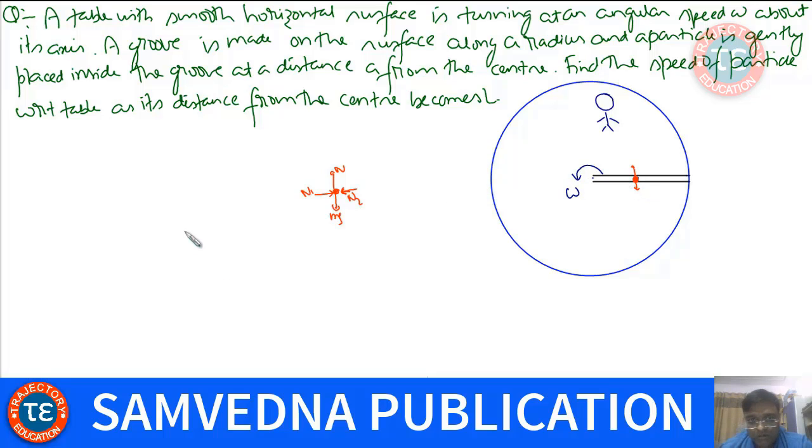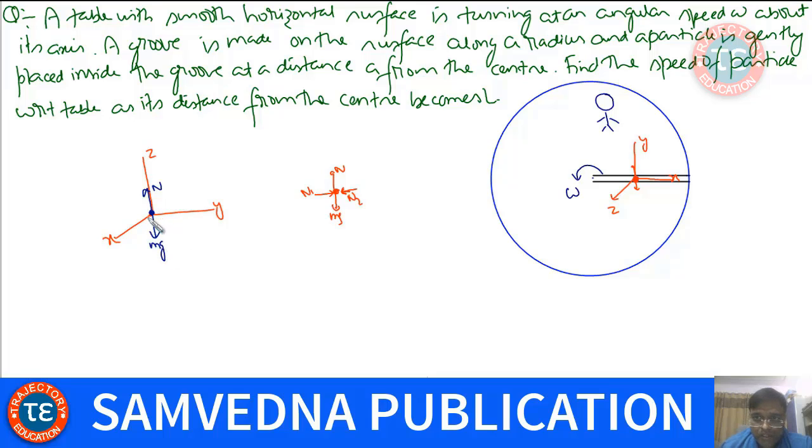And also, if I take this as x, y and z, so z is perpendicular to the plane. The forces on this particle: you have a force in positive z direction, which is normal reaction n, and a force in negative z direction, which is mg.